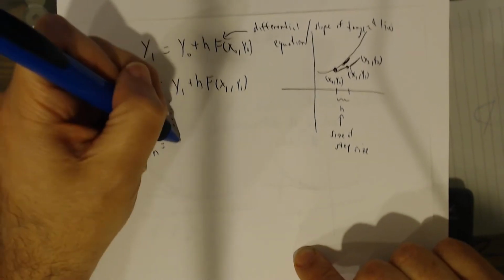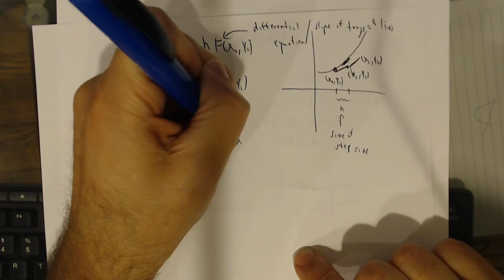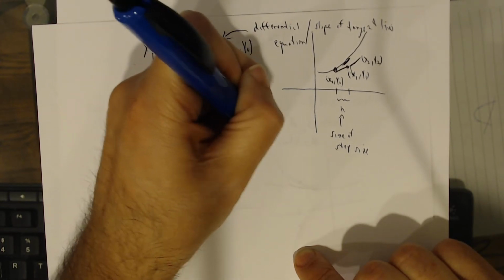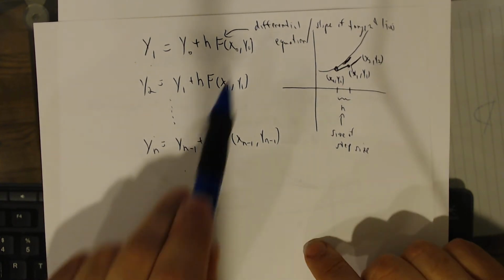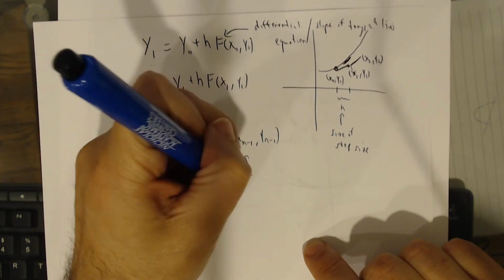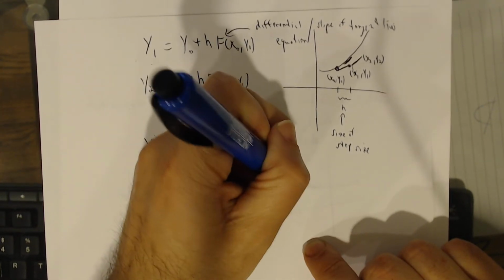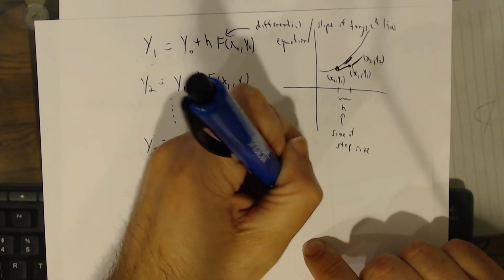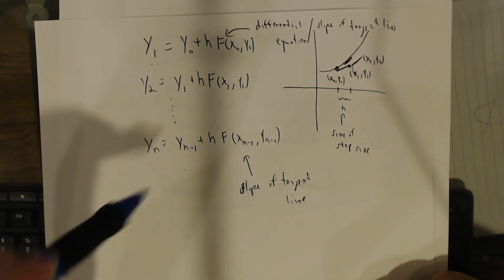The nth one would be y sub n minus 1 plus h times f of x sub n minus 1 comma y sub n minus 1. And that would get us to the final one. Okay, so remember, the step size, your h, is multiplied by the slope of the tangent line, which is literally the differential equation.